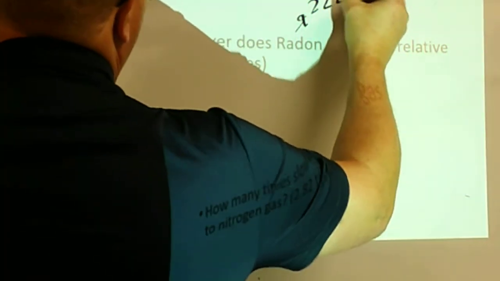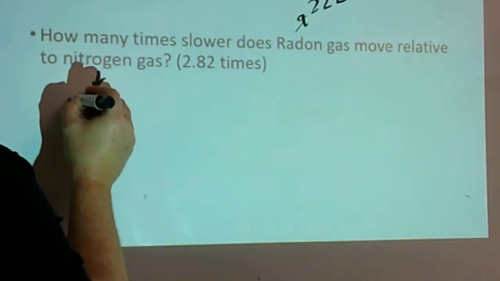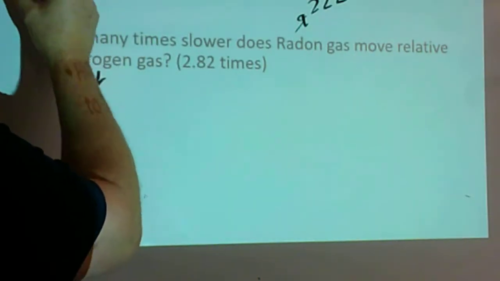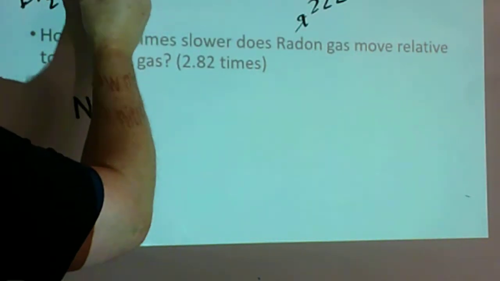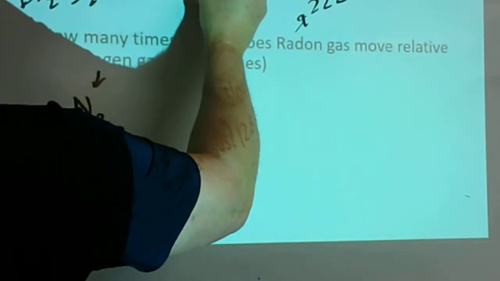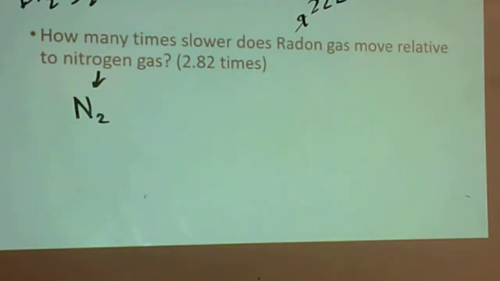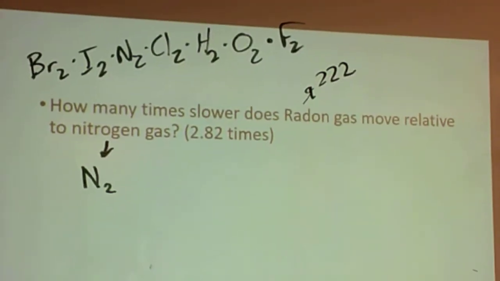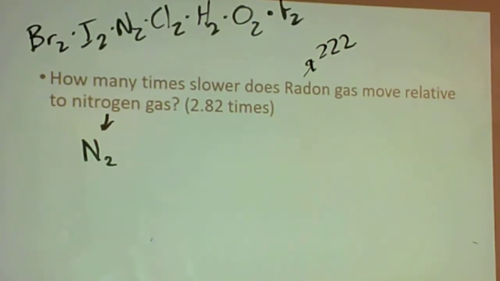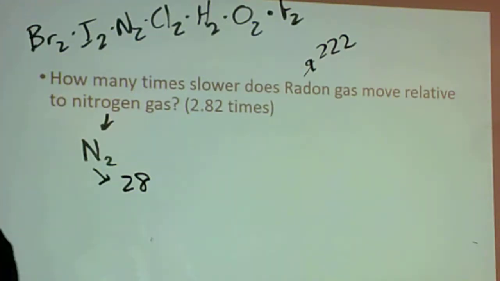So we got 222 grams, which is off the periodic table. We got nitrogen gas, which is part of that Brinkelhoff. And we can do our mass of nitrogen, which is going to be 14 times 2, which is 28.